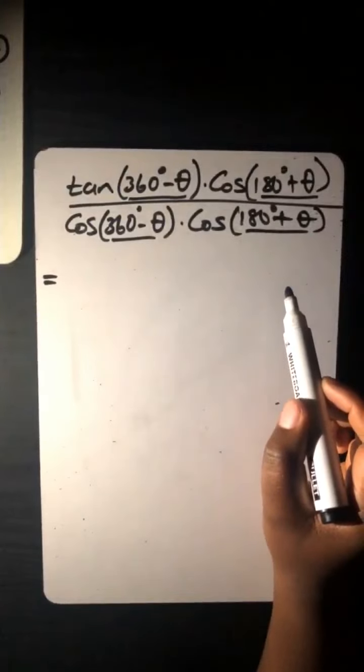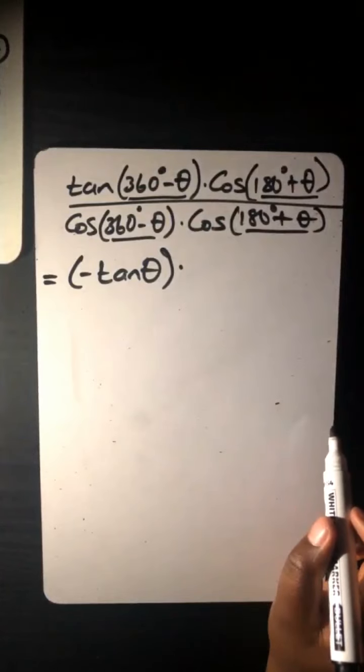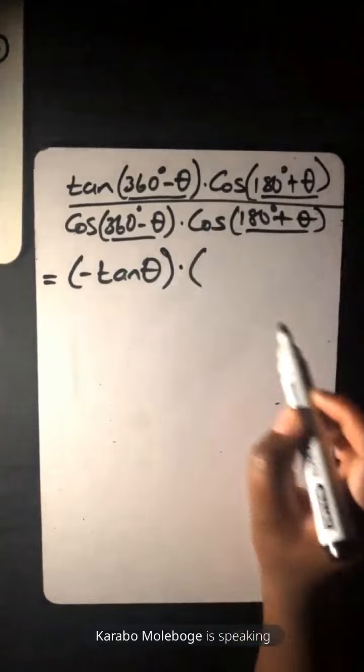So let's see that one, that angle, under which quadrant? I think it's the fourth quadrant, and I think tan is negative there. Quadrant 4. So that means we're going to have negative tan there. Let's multiply. What about cos of 180 plus? It is third. In third, cos is negative.